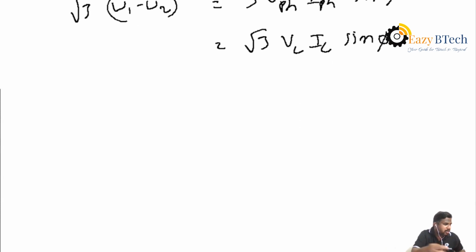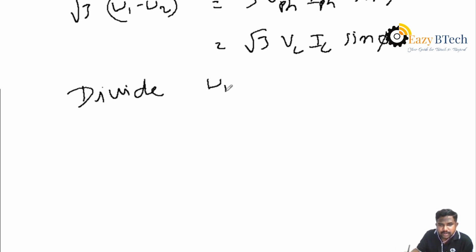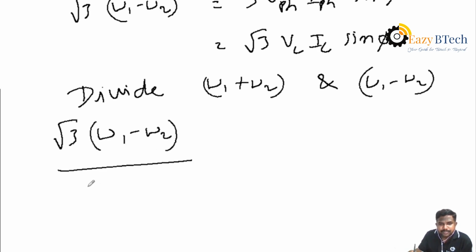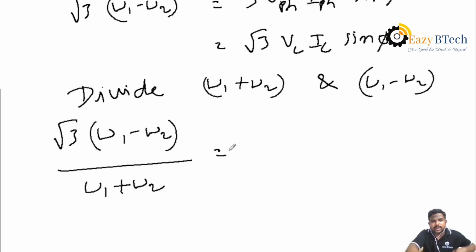Then you can divide both equations, W1 plus W2 and W1 minus W2. That means we have to consider root 3 into W1 minus W2 by W1 plus W2.